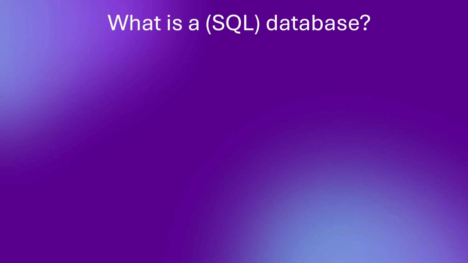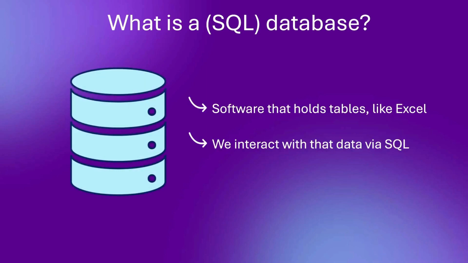The reason there are so many different implementations is because there's lots of different databases. Each database, it's just a piece of software. That's the best way to think about a database. It's a piece of software that holds tables, kind of like Excel. And so because people can make their own database technology, they write their own SQL flavor. But a database is just something that holds tables, at least a SQL database.